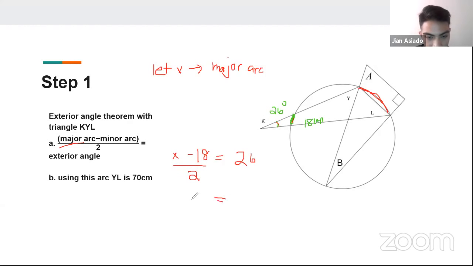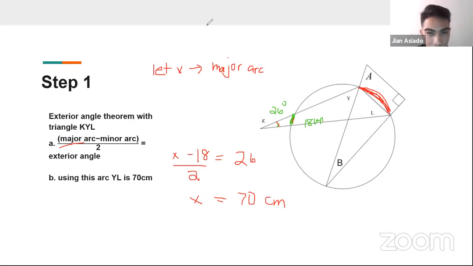So solving this, makukuha natin si X, 52 plus 18, so 70 siya, no? And yung units niya is centimeters. Ayan. So meron na tayo, no? YL, this one, ang measurement niya ay 70.